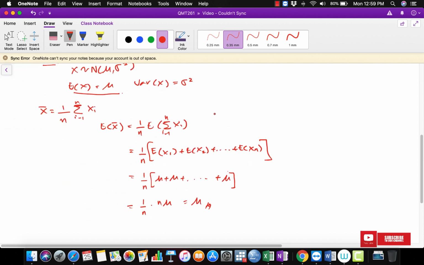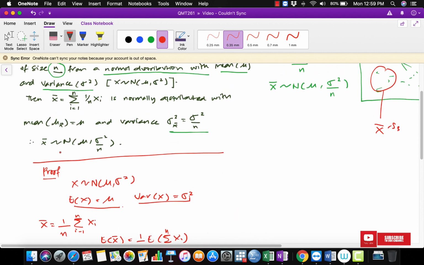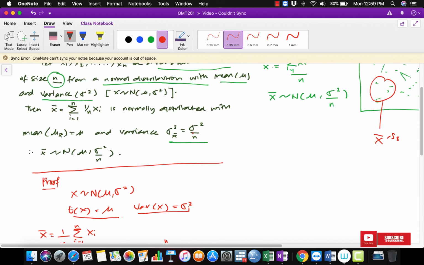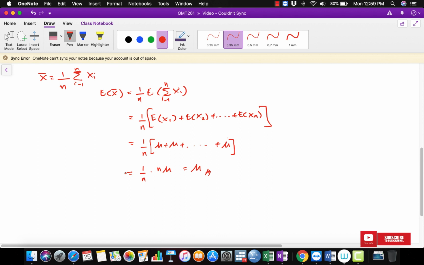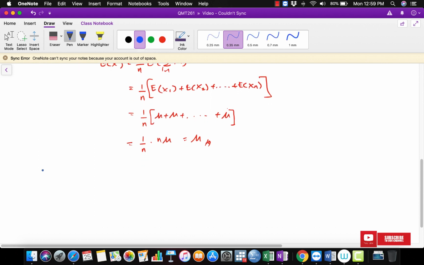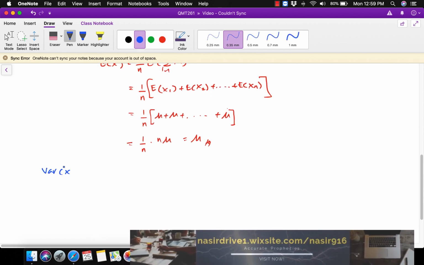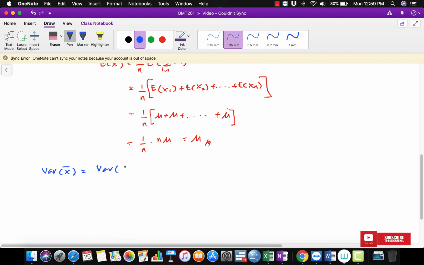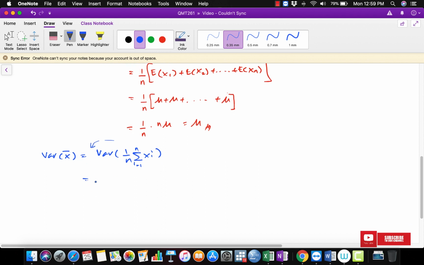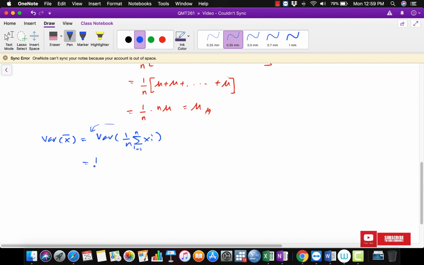Now, if you want to find the variance, the theorem says that the variance is sigma squared over n. To prove this, the variance of X bar is equal to the variance of 1 over n times the summation of Xi, where i equal to 1 until n. Once you take the constant outside the variance, you should square the constant.